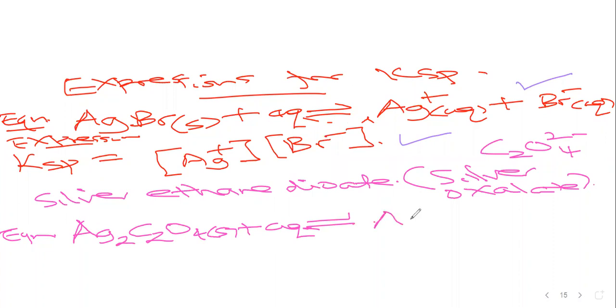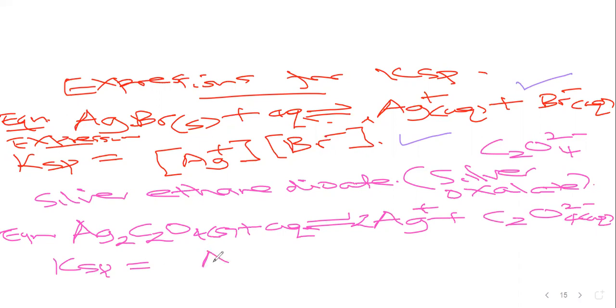So this will give me silver ions, I should have a 2 here to balance, plus the oxalate ions 2 minus, aqueous, such that my expression for KSP is silver ions squared into oxalate ions, charge 2 minus, power 1, because the coefficient here is 1. Are we together? Yes, sir. So this should give you a mark there.